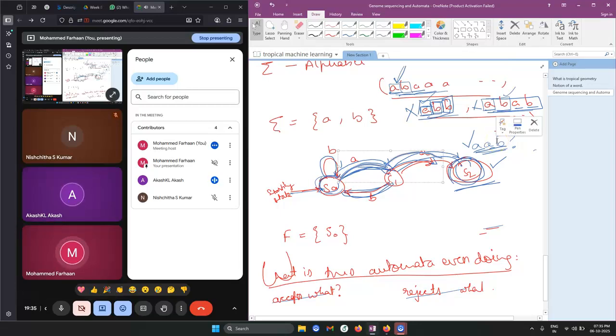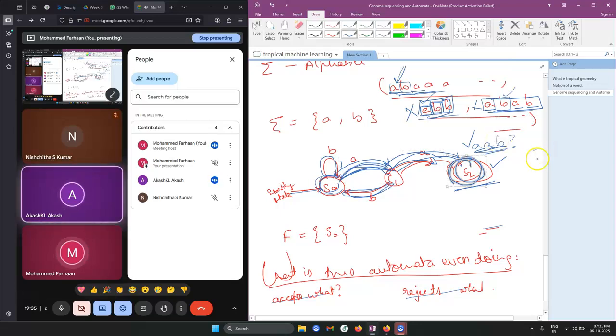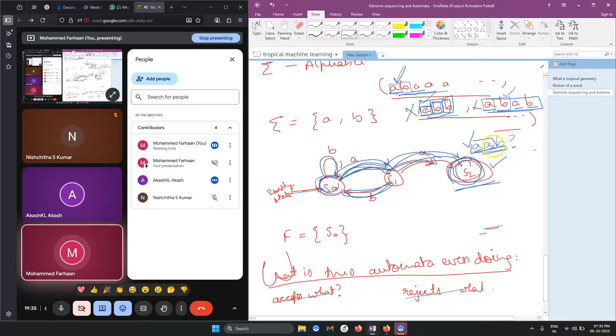Where should B go? It is enough for it to see that AA is read. It is enough for it to reach the accept state, to accept the word. So B is not even read. It is accepted before it reads B. So if I had AAB, or AAA, anything after that, they're all accepted just the same.